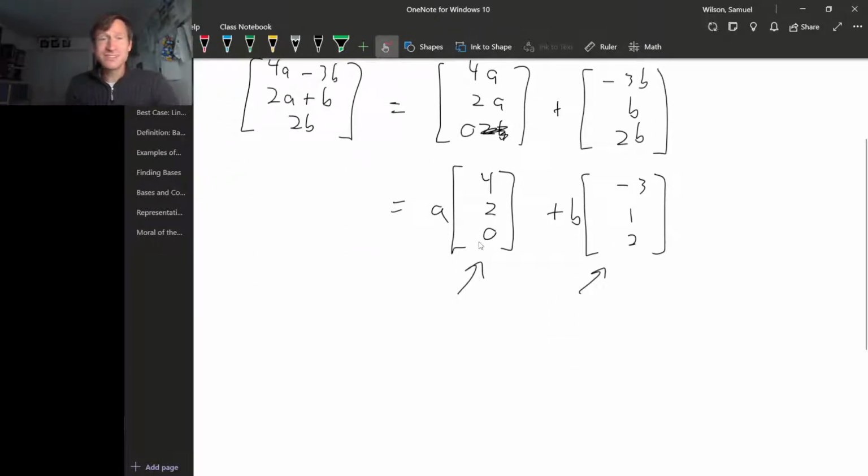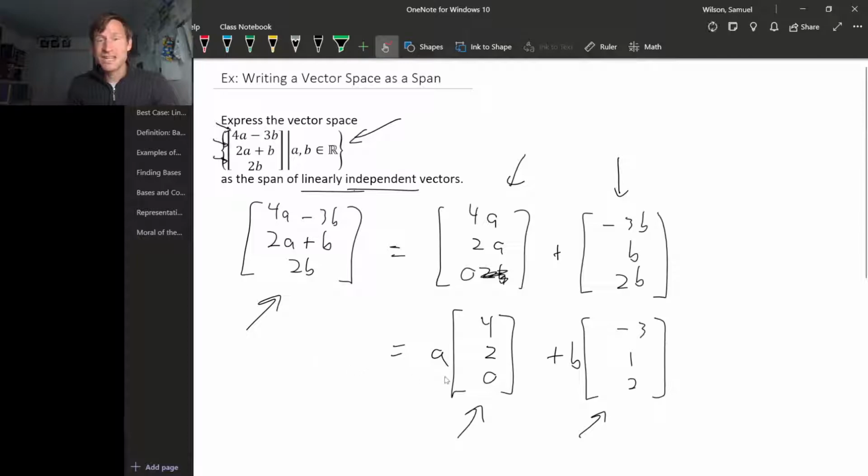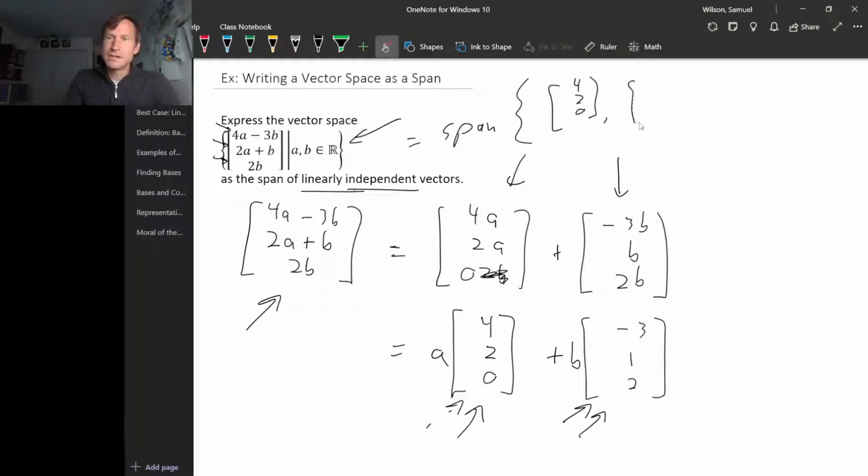So what this shows us is that every vector is a linear combination of these two vectors. And that means that these two vectors span this space. So we can write that this is equal to the span of 4, 2, 0 and minus 3, 1, 2.